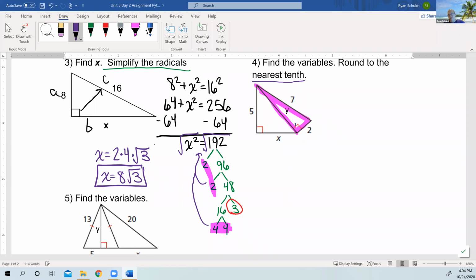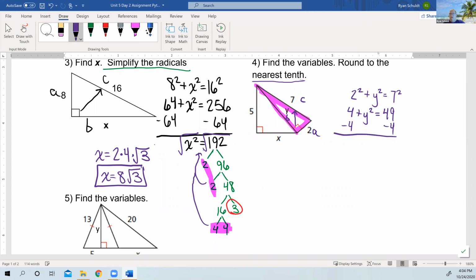So this 7's across from my right angle, so it's my C. I'm going to do 2 as A, B as Y. So 2 squared plus Y squared equals 7 squared. 2 squared is 4, plus Y squared equals 49.